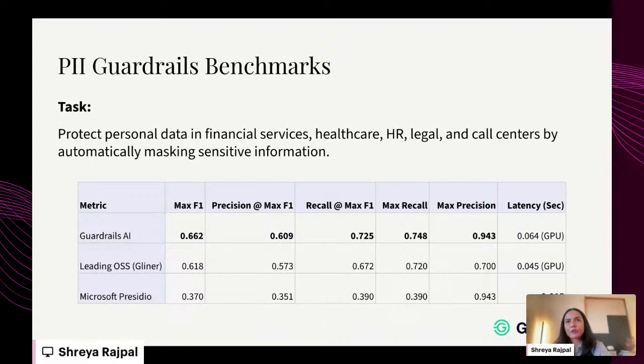But if you're looking at what's perceptible to the human eye, even though we have a roughly 4x higher latency when you're running our guardrails on GPU, with 64 milliseconds, that is still in the range where it's not really even perceptible to the human eye. So even though on paper that latency is higher, you don't really get too much of a slowdown in terms of perceived performance.